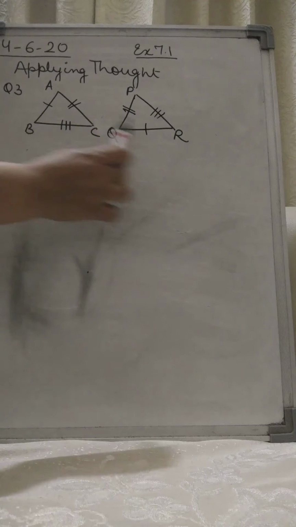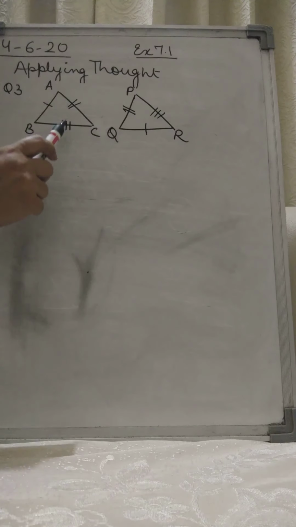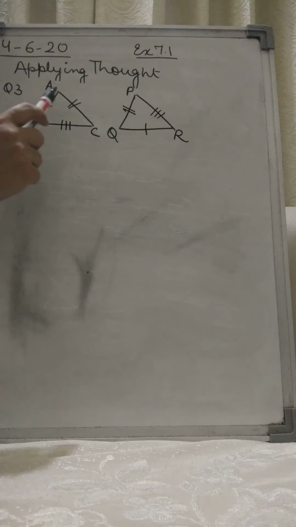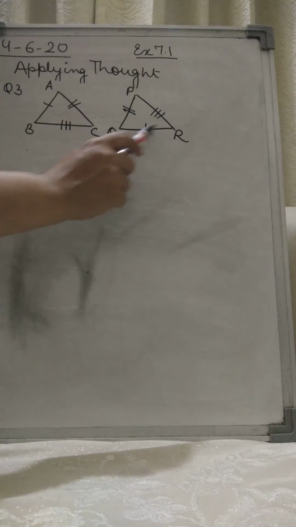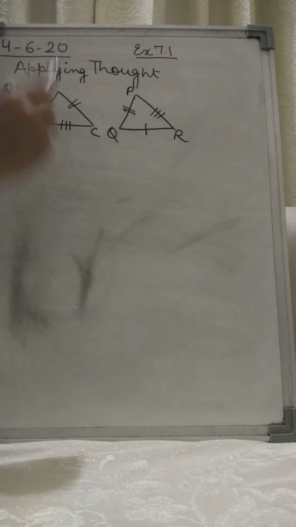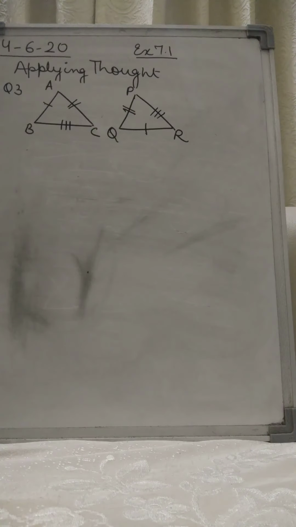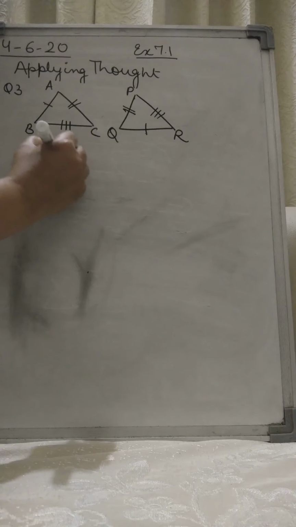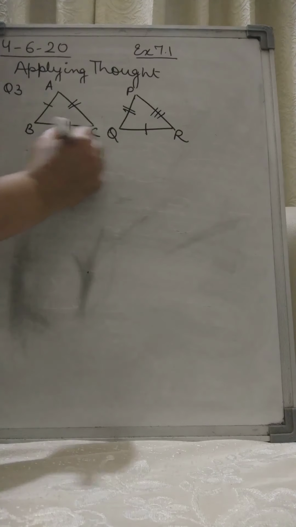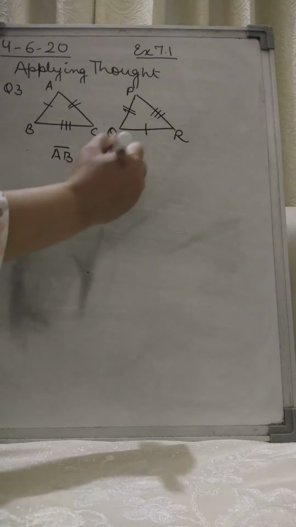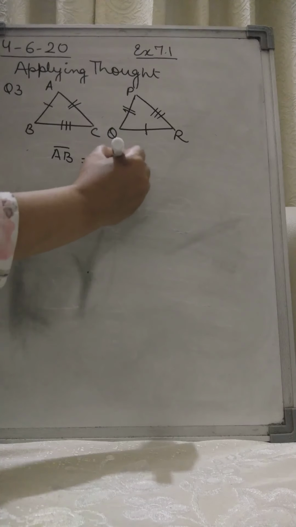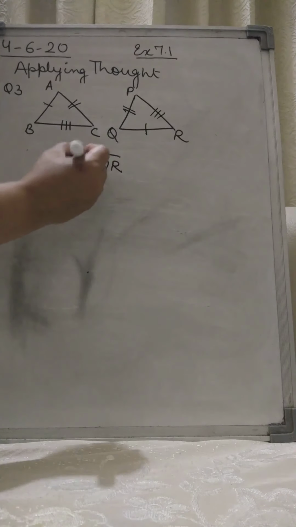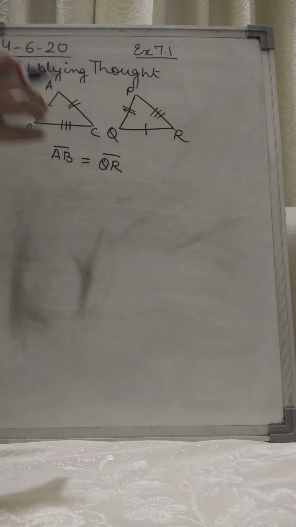Now when you have two triangles like this, one line side and this one, they are equal to each other, means AB line segment is equal to QR line segment, means they are congruent to each other.